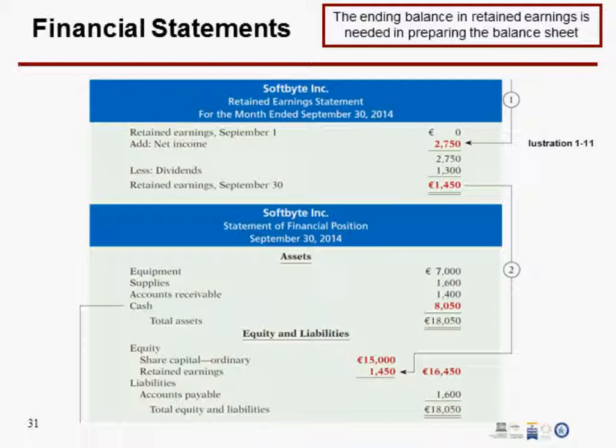Okay, as you see on the PowerPoint, this 1,450 goes to the retained earnings on the statement of financial position.